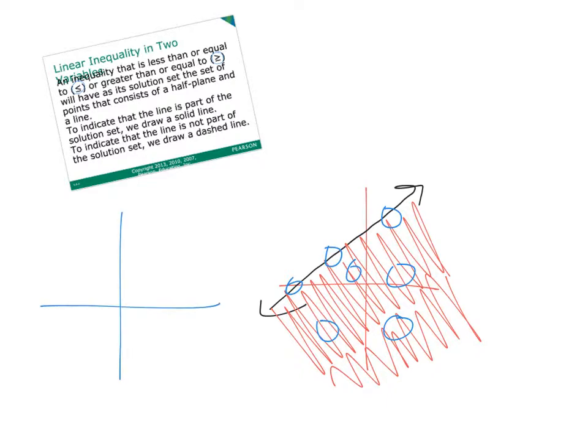I'm going to show you how to decide which side of the line you want to shade on. So your solution set will include all the points that are on one side of the line. Anything that landed in the shaded region is considered a solution, and anything that landed on the solid line is considered a solution. That's different if it has a dashed line. Remember, dashed lines happen if there's no line underneath. Solid lines happen if the inequality does have a line underneath.